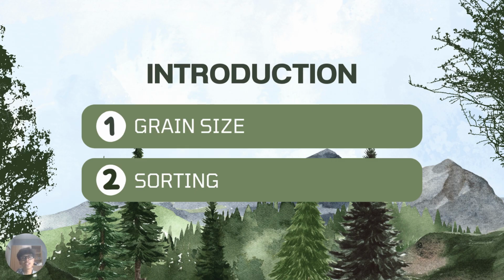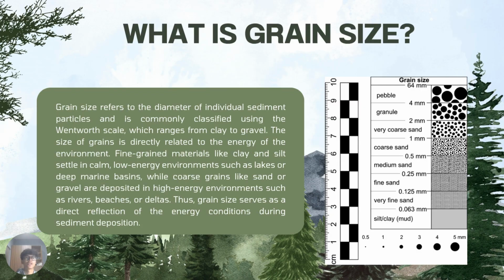They provide key information about the depositional environment, such as how strong the water or wind currents were, how consistent the energy remained over time, and in which direction material were moved. By analyzing these two characteristics, geologists can interpret how sediment were eroded, transported, and deposited, helping to uncover the dynamic story of ancient environment. So let's move on.